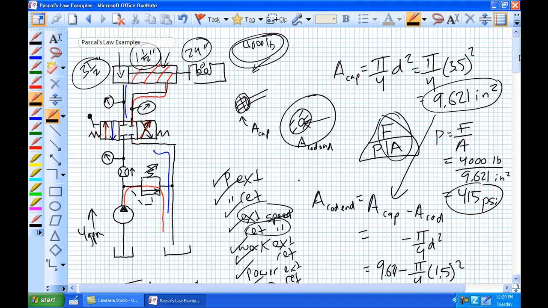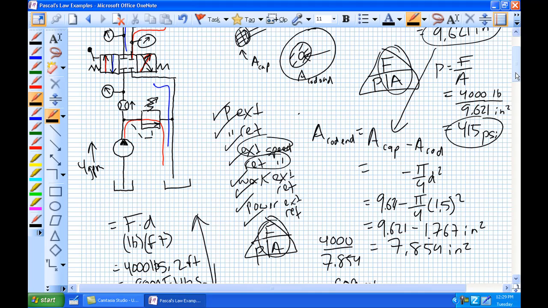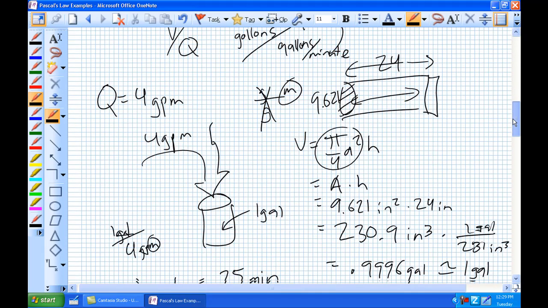If you have pressure gauges and flow meters, you can do that shortcut. Otherwise, you have to go ahead and figure out extension and retraction speeds, extension and retraction work, extension and retraction power. Okay, let's have a further discussion about pressure here.